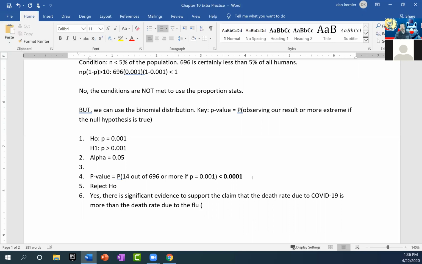Now keep in mind that this is based on real data from the Diamond Princess. So this is really only for populations similar to the passengers on the Diamond Princess.